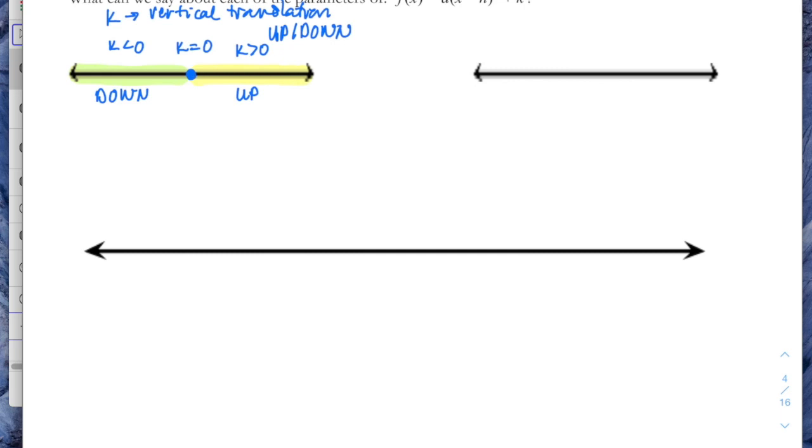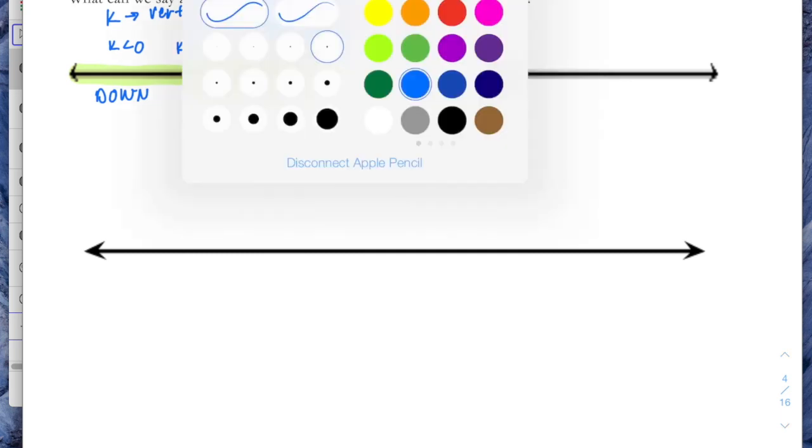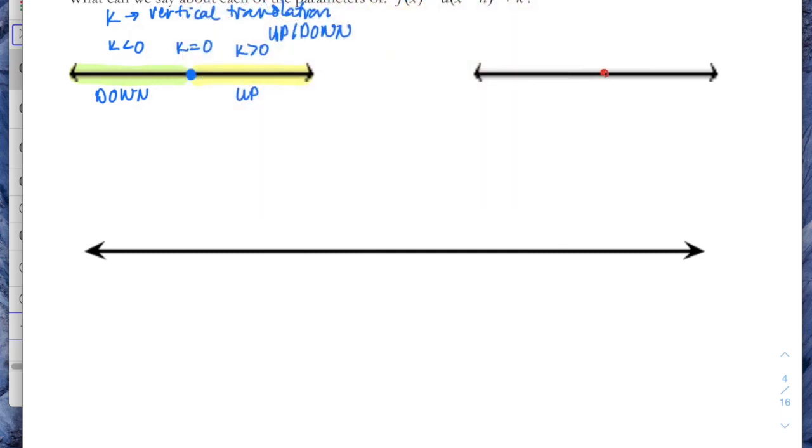Similarly with H, and we call H our horizontal translation, left or right. Okay, when H equals 0, we have no movement. When H is greater than 0, we're going right.